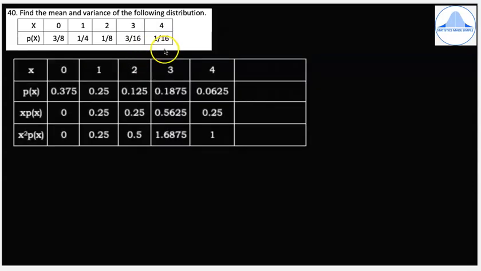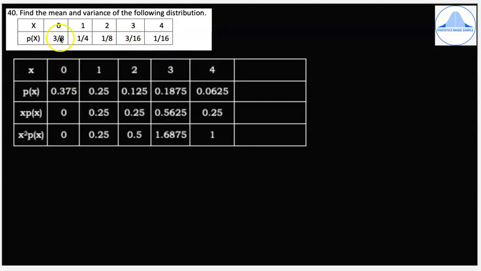40th question. Find the mean and variance of the following distribution. They have given us the x values as 0, 1, 2, 3, 4 and the corresponding probabilities are given, which are P of x. Now I am rewriting the table. The x values I'll write as 0, 1, 2, 3, 4. P of x, I'll convert them into decimals as the denominators are different.